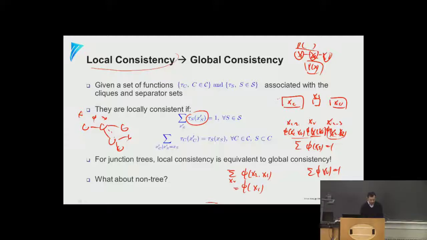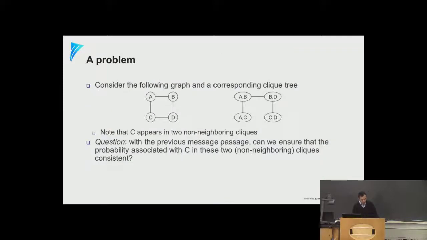Therefore, every node and every edge gets a single convergent point of the pairwise potentials or singleton potentials. And then the local consistency can be propagated to everywhere inside the graph. So that's basically saying that the local consistency can guarantee global consistency on the tree.